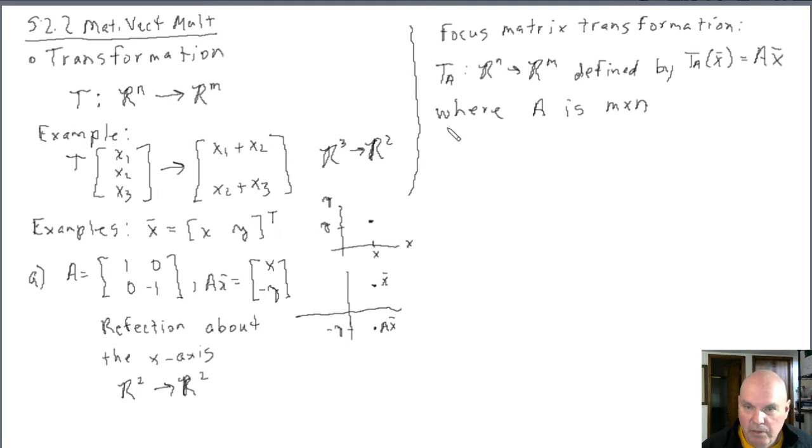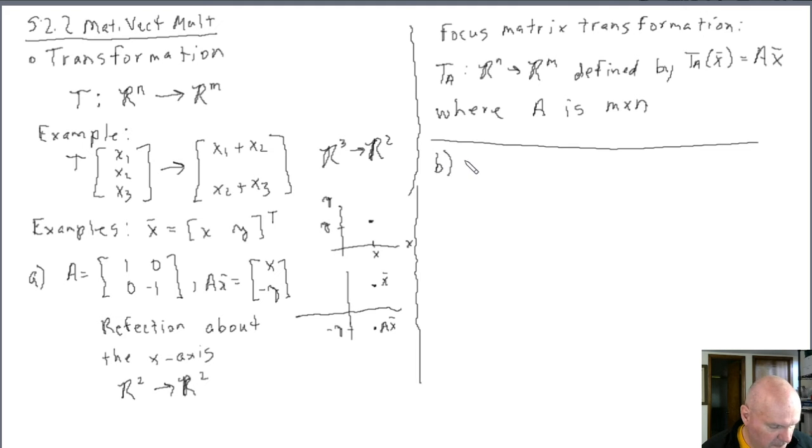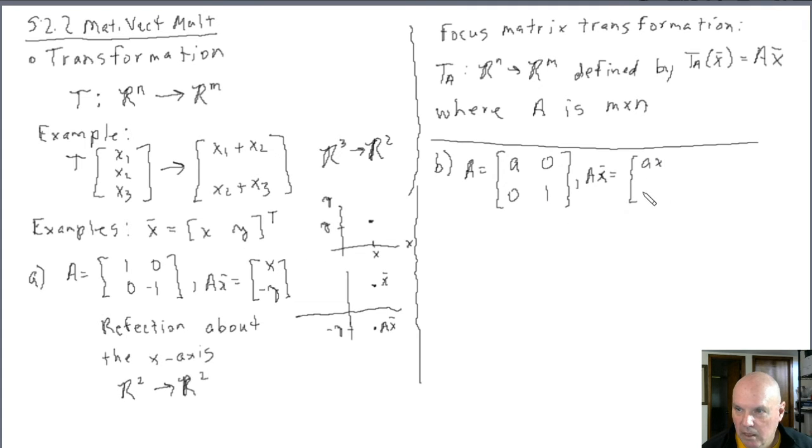Okay. Another example, to squeeze a few more examples on this slide, would be where A is equal to real number A, 0, 0, 1, and then carrying out the matrix vector multiplication, we'll get AX, and then here we'll have 0, 1 times X, Y and get Y. So this represents a scaling along the X component.